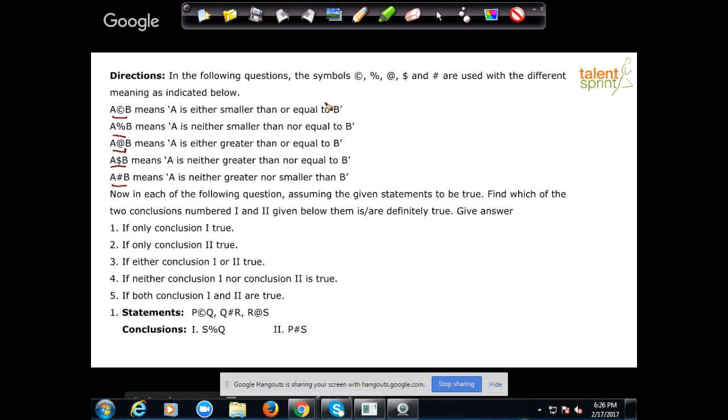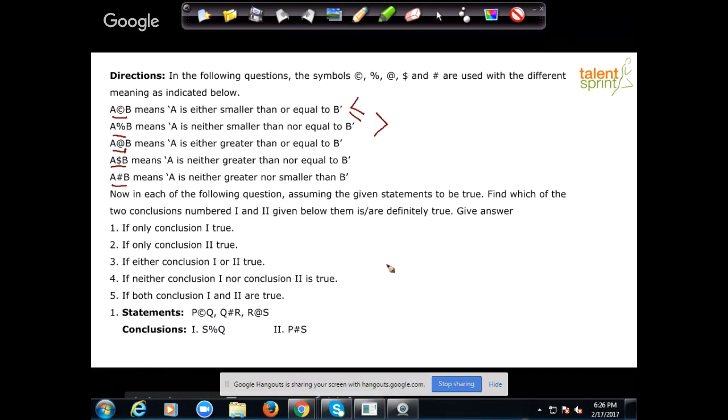Now, if you see the copyright symbol, they tell us that A is either smaller than or equal to B. So we know that the copyright symbol means smaller than, equal to. Percentage. A is neither smaller nor equal to. So if something is neither small nor is it equal to, we know that it will be greater than. So we know that the percentage sign stands for greater than.